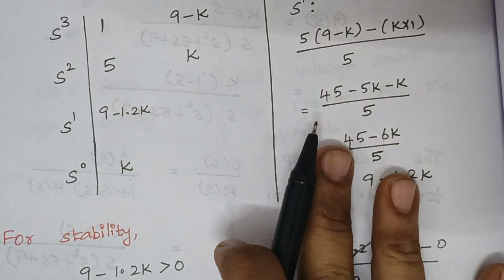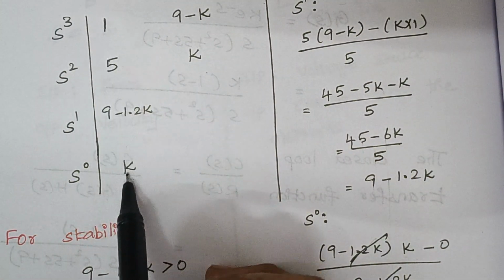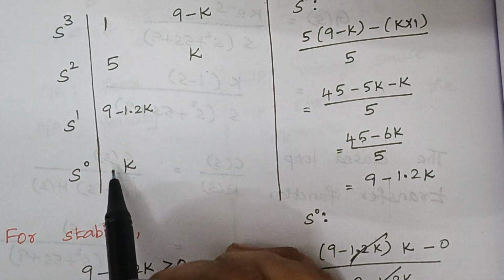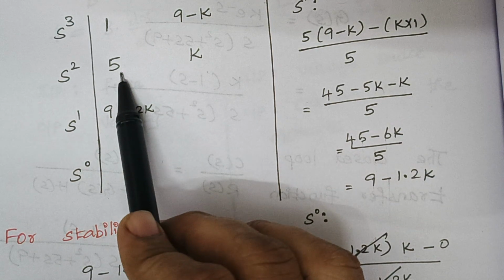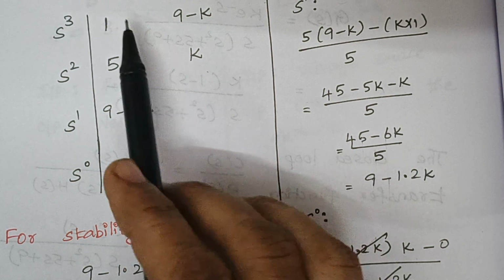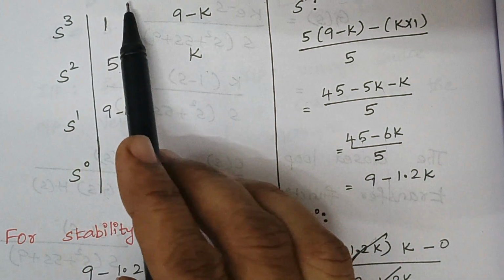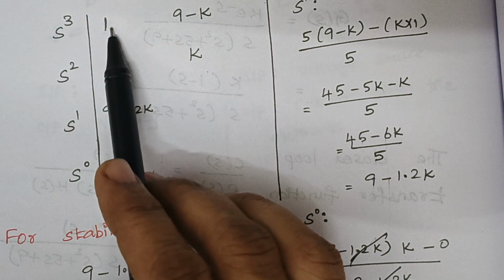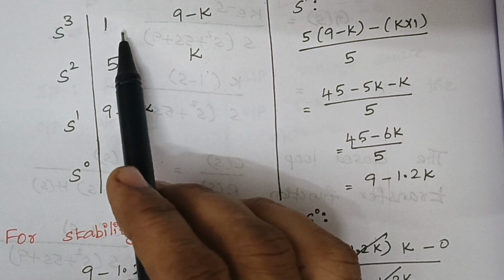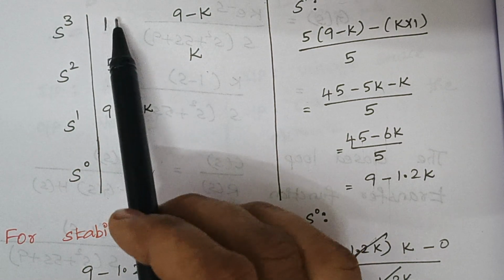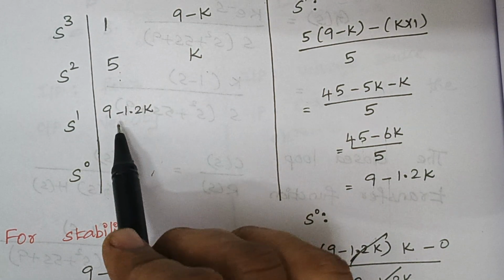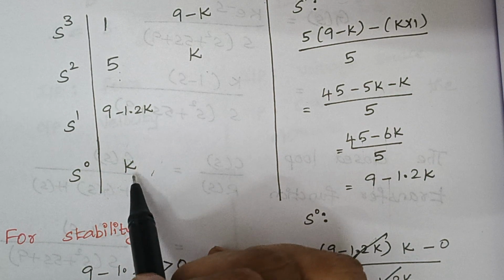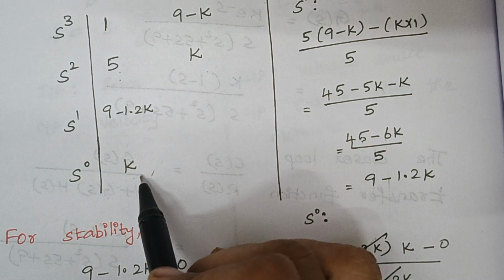Because when you consider the first column of the Routh array, the first two elements are positive, right? So when will the system be stable? When all the elements of the first column of the Routh array have the same sign, either plus or minus. So here the first two elements already have a plus sign. So when these two elements are positive, then we can say the system is stable.